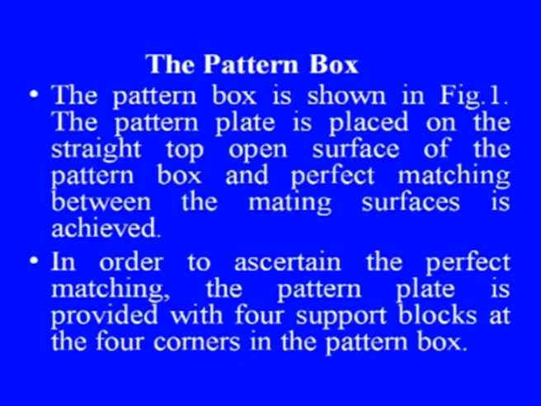The pattern box. The pattern box is as shown in figure 1. The pattern plate is placed on the straight top open surface of the pattern box and perfect matching between the mating surfaces is achieved. In order to ascertain the perfect matching, the pattern plate is provided with 4 support blocks at the 4 corners in the pattern box.